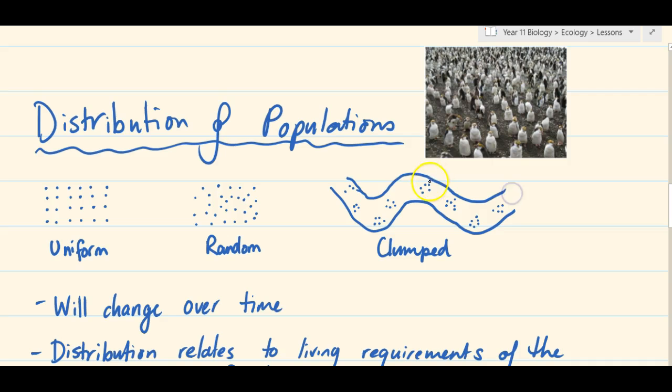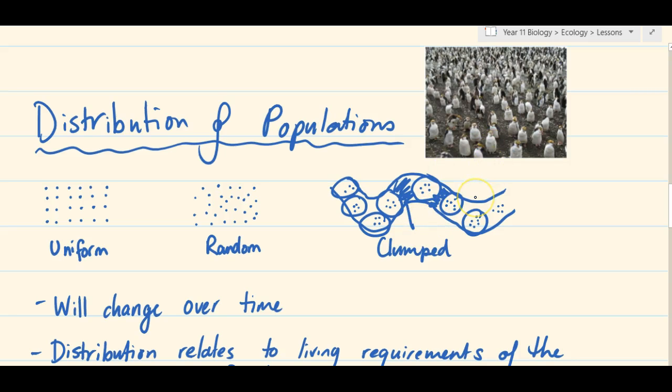Or it could be that you have lakes in this area or water holes, and the species are actually distributed around those water holes. It could be that within this area here, there is a large amount of predators, and so the species die out in those areas where there are predators, or the environmental factors might not suit them.